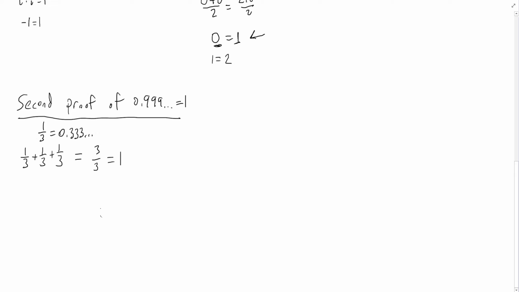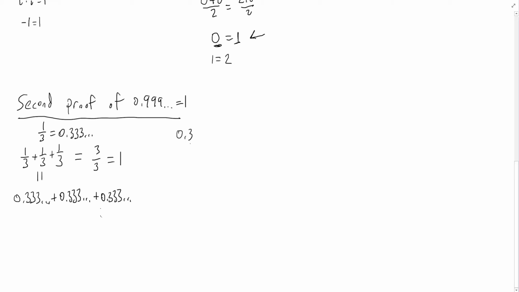Now, let's look at the same thing, but in decimal form. This is perfectly valid. I'm just converting between fractions and decimals. And everybody should agree that 1/3 is 0 point and then an infinite number of 3's that repeat. Let's look at this digit by digit.